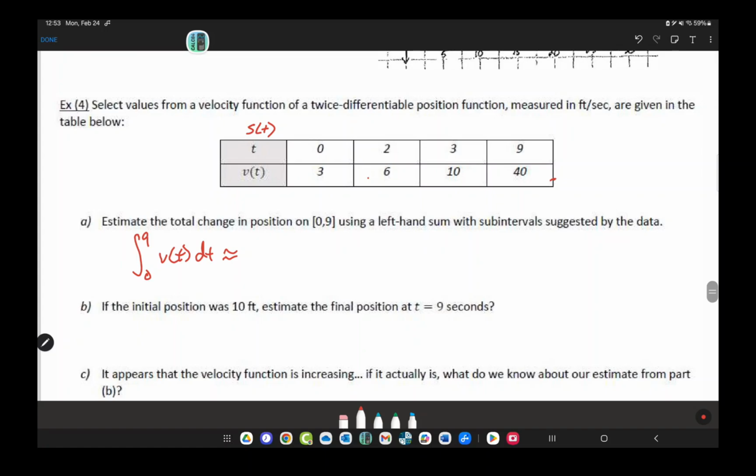Okay, so let's see here. We have v of 0 times the change here, the change here is 2, plus v of 2 times the change, which is 1, plus v of 3 times the change here, which is 6.